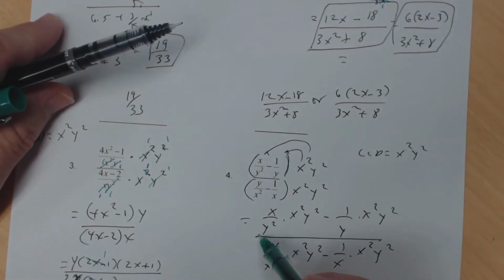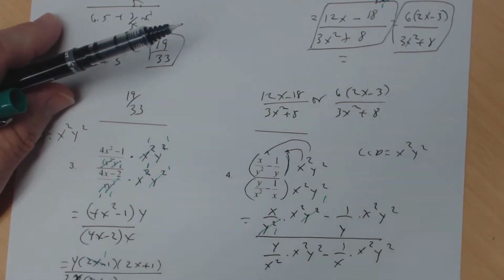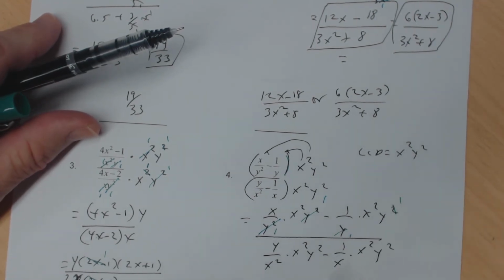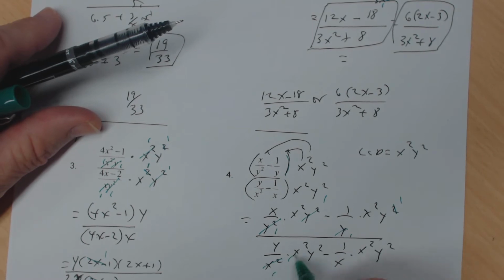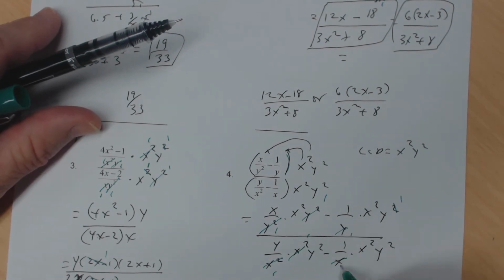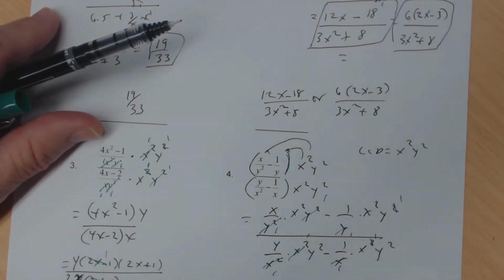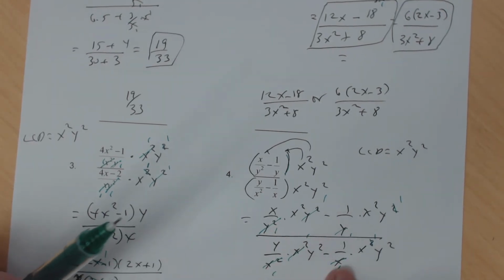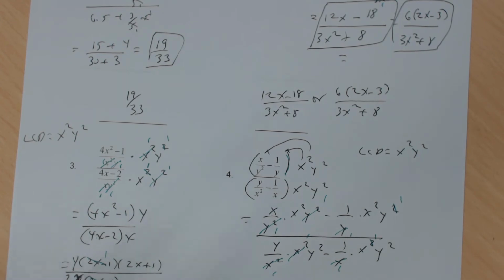So you're going to notice y squared into y squared, those divide out, y into one of these, you're left with one factor. x squared into x squared, those divide out, x factor into one of these, you're left with one factor over here. So the whole purpose was to clear these denominators.